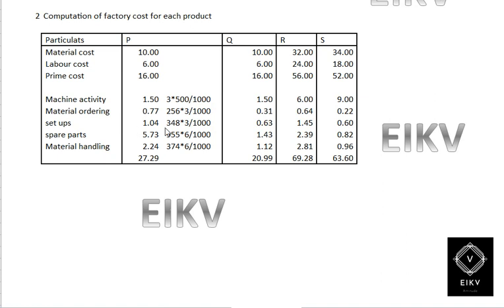Then we have setup cost, where the cost driver per unit is 348 multiplied by 3 divided by 1000, which will give an amount of 1.04. Then we have material handling cost, which is 2.24.